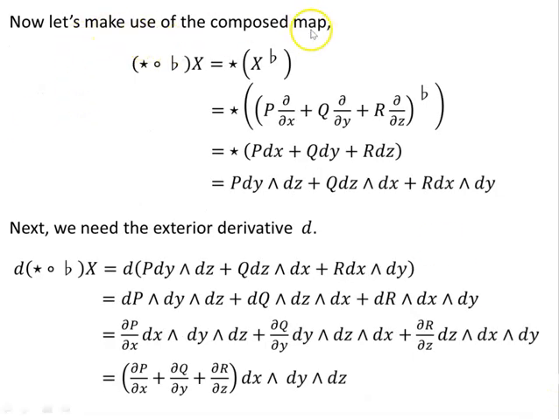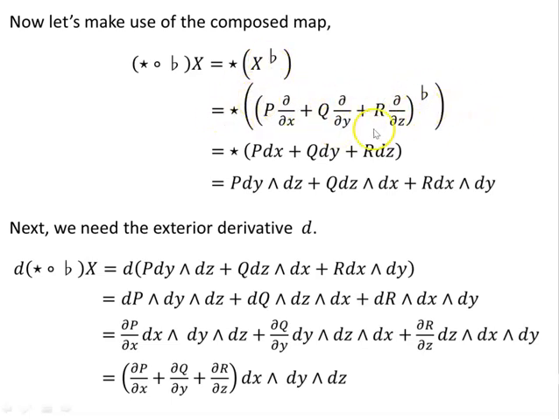Now, let's make use of the composed map. So the Hodge star composed with the flat operator acting on the vector X is the Hodge star of the flat of that vector, which we've just seen on the previous page. So it's the Hodge star of all this.